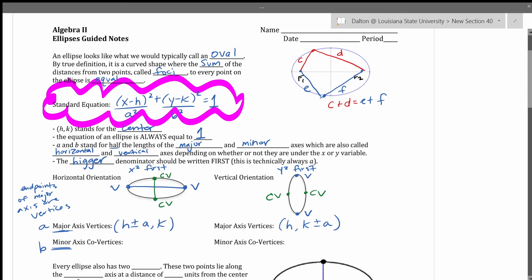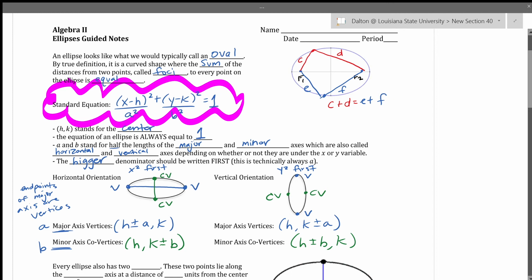And as I said earlier, because the minor axis is smaller, it deals with the variable b, and it's found by adding b to the x or the y term, depending on which way it is being stretched. So the minor axis co-vertices for a horizontal orientation are found by doing h and then k plus or minus b. Minor axis co-vertices for vertical will be h plus or minus b and then k.